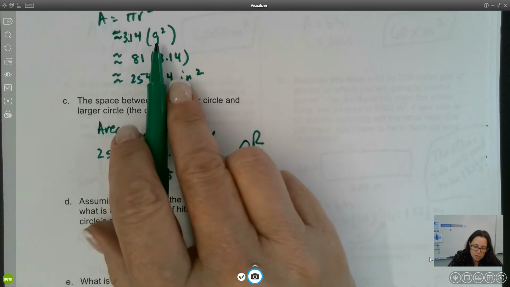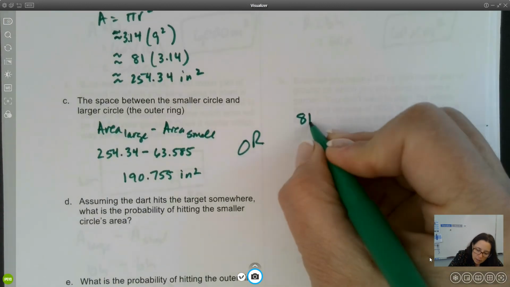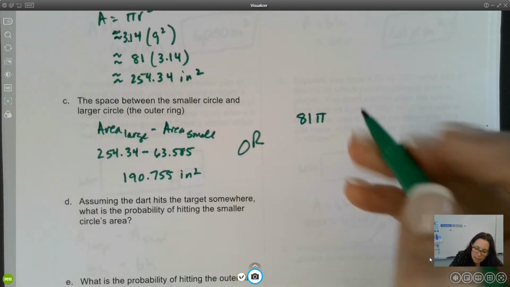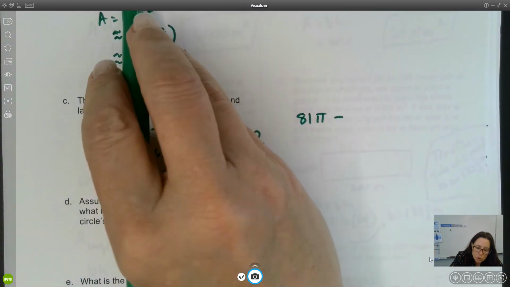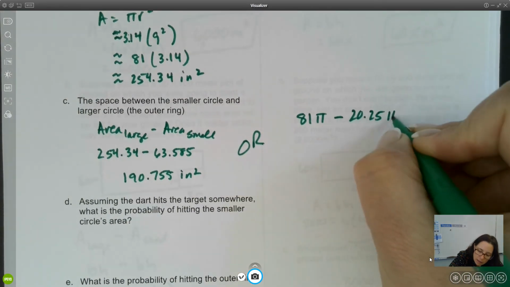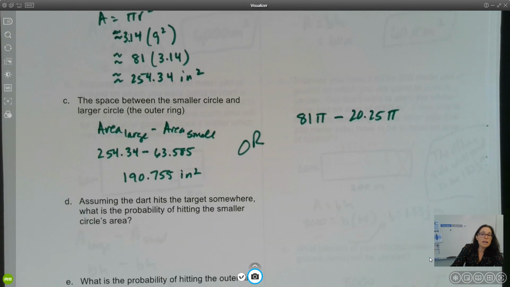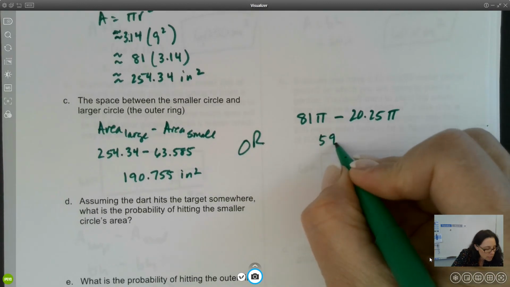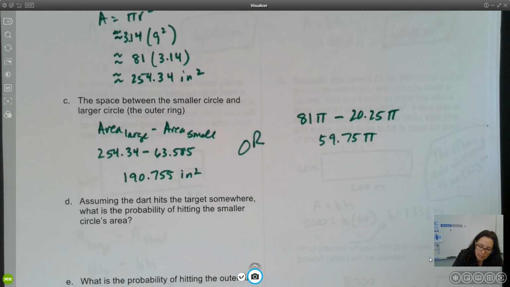Or we could be more accurate. The area of the large is 81 pi, and the small is 20.25 pi. If you treat pi like an x and just do 81 minus 20.25, that comes out to be 59.75 pi.